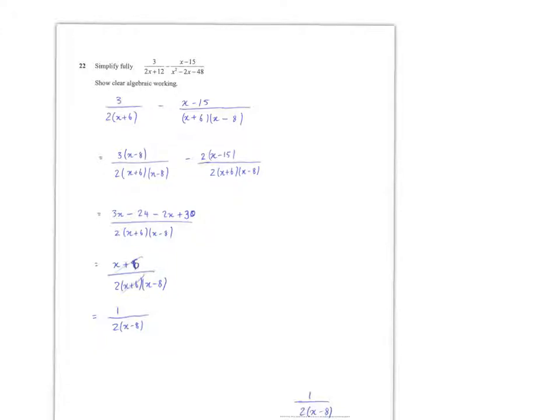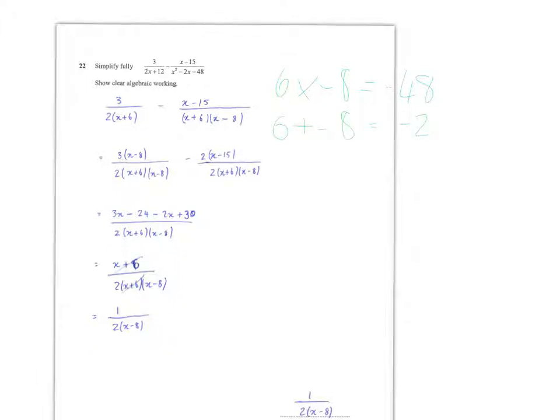The denominator of my second fraction, well, 6 times 8 is 48. And if 6 is positive, 8 is negative.